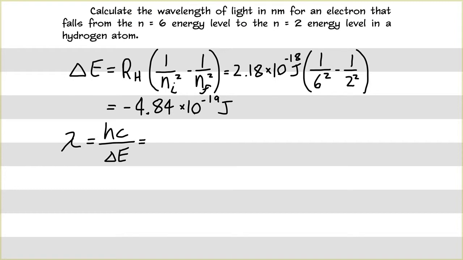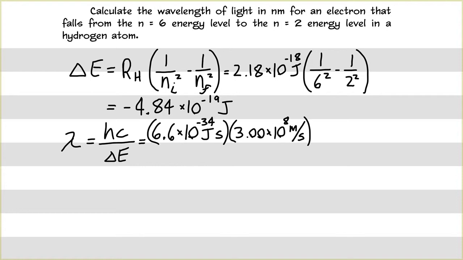And Planck's constant h is 6.6 times 10 to the power of negative 34, and that's joule seconds, times the speed of light, and the speed of light is 3.00 times 10 to the power of 8, and that's in meters per second.